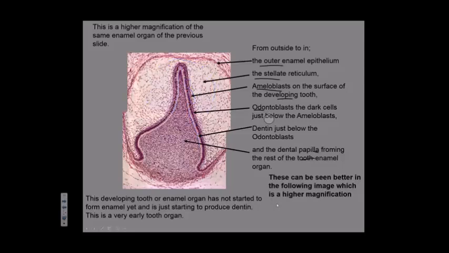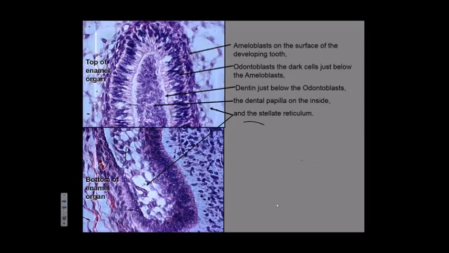I'm going to get rid of my writing because I don't want to save all that. We're going to look at this area at higher magnification in a moment. So we have our stellate reticulum.